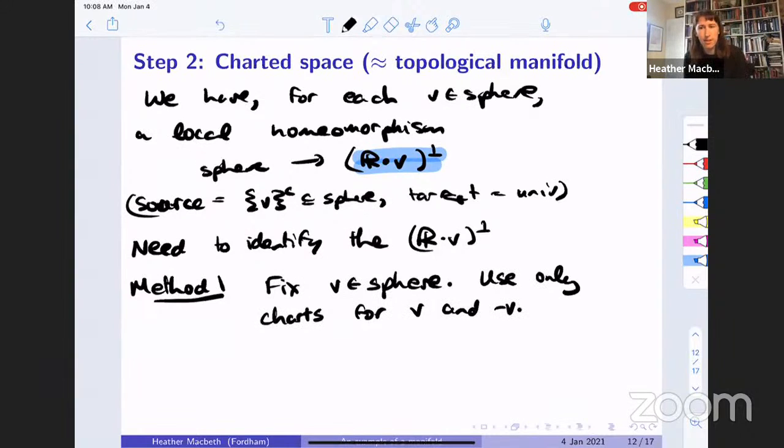You have two charts from the North Pole and the South Pole, which cover the whole sphere. And you can see how this is sort of psychologically beneficial for the learner, because it seems like you only have two charts, and that makes your life easier.